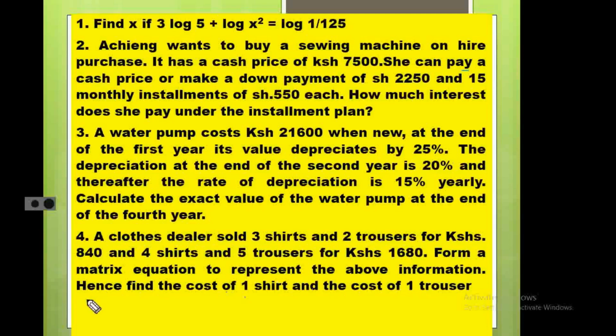Hence, find the cost of 1 shirt and the cost of 1 trouser. So you can write this in form of simultaneous equations, then you solve it using the matrix form. You can put down these questions.